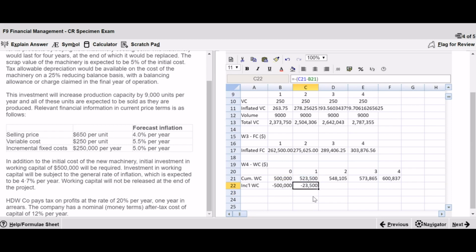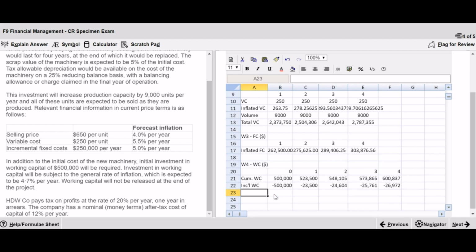That gives me the incremental working capital here. And then I just need to continue with the differences in all these years. And that is it. This is my working capital, which is incremental. But remember, this will not be released in the last year. I didn't say that.